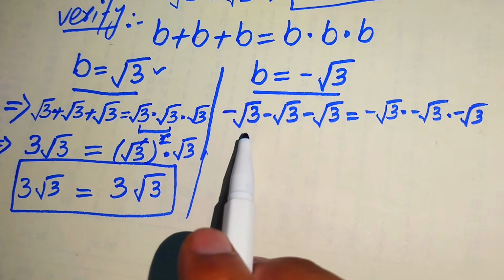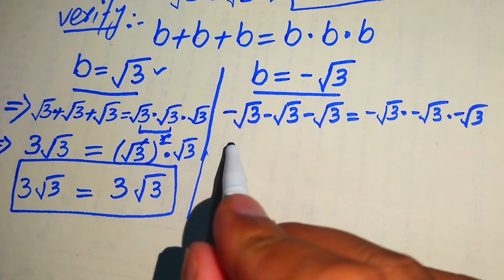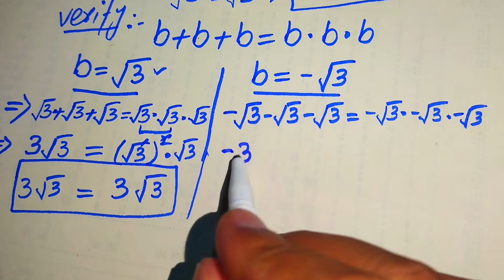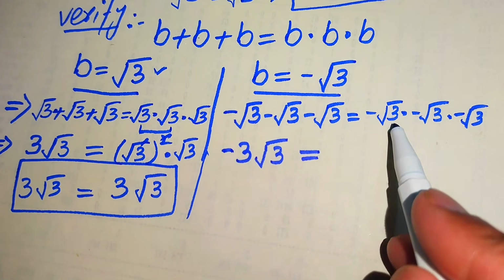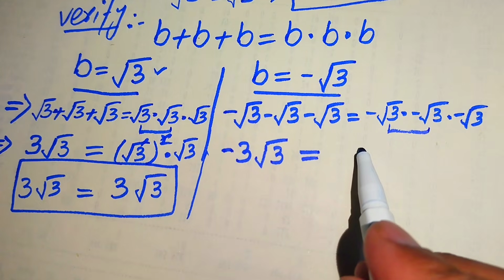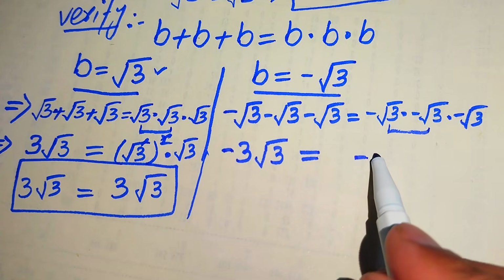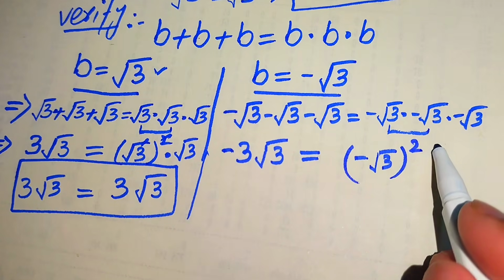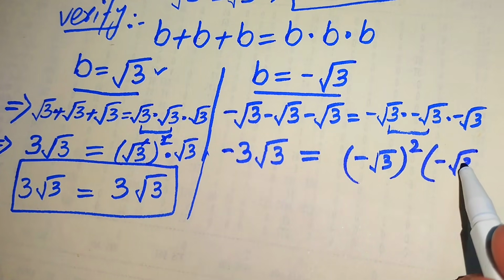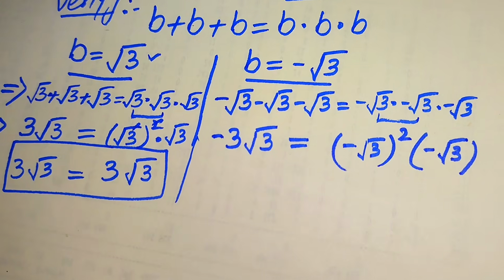Here you see that minus square root of 3 is added 3 times, so we write it as minus 3 times square root of 3 is equal to, here again these two values are multiplied by each other, and we write it as minus square root of 3 whole squared, and it is multiplied by minus square root of 3.